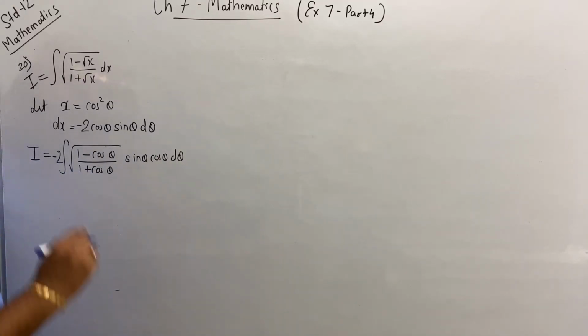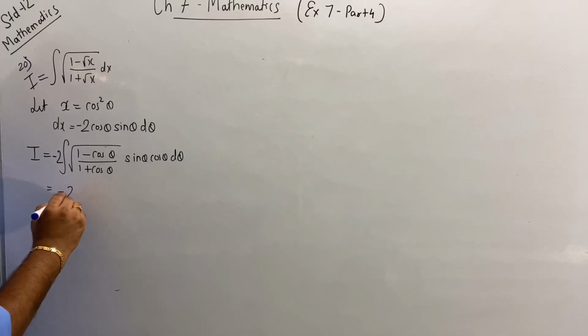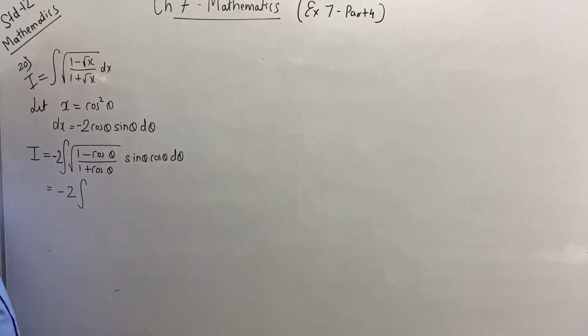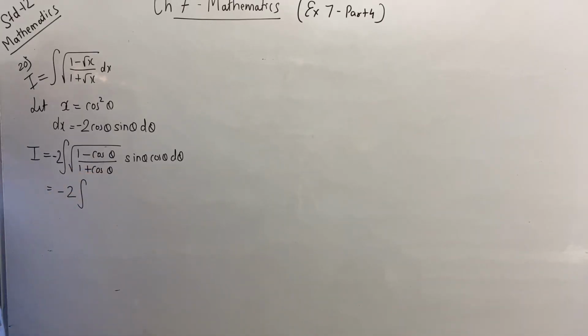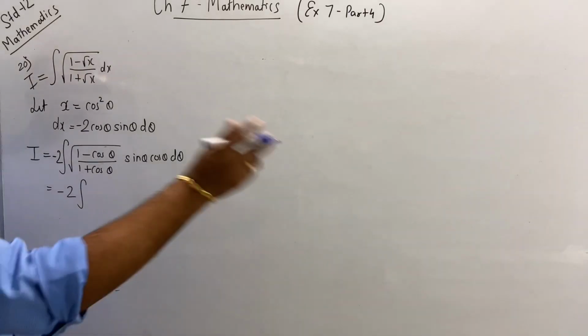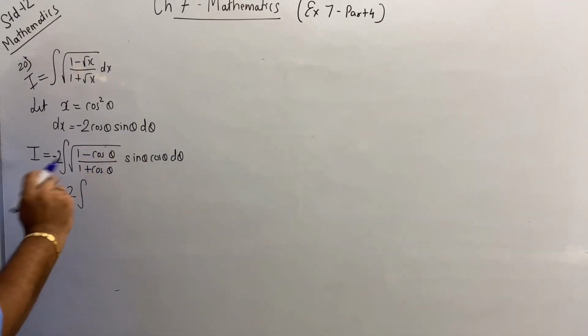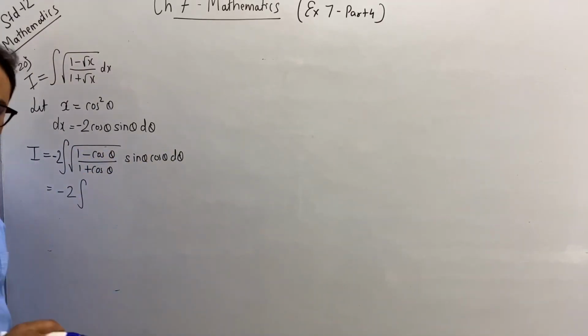Clear? So now this will be equal to minus 2. Okay, 1 minus cos theta is 2 sin square theta by 2, 1 plus cos theta is 2 cos square theta by 2, right? Or else 1 minus cos theta, 1 plus cos theta, tan square theta by 2.